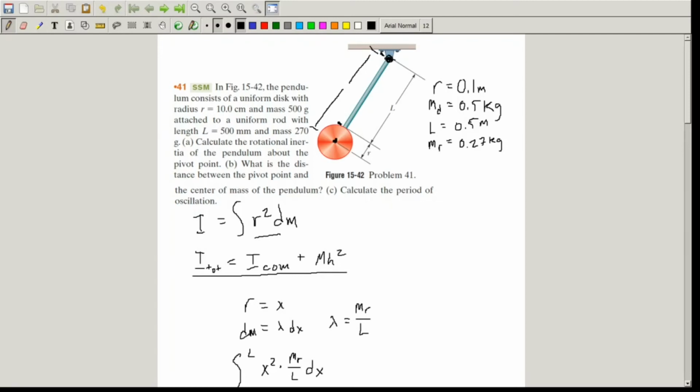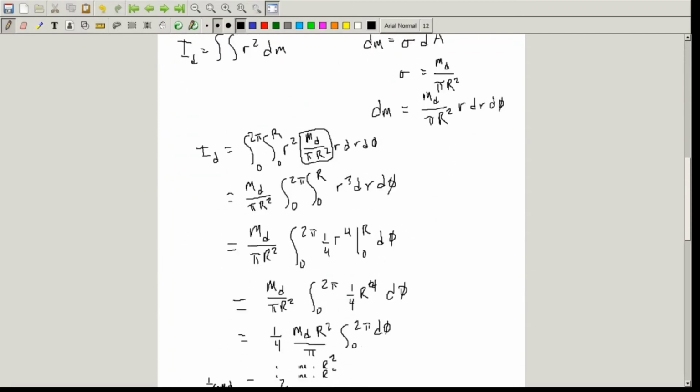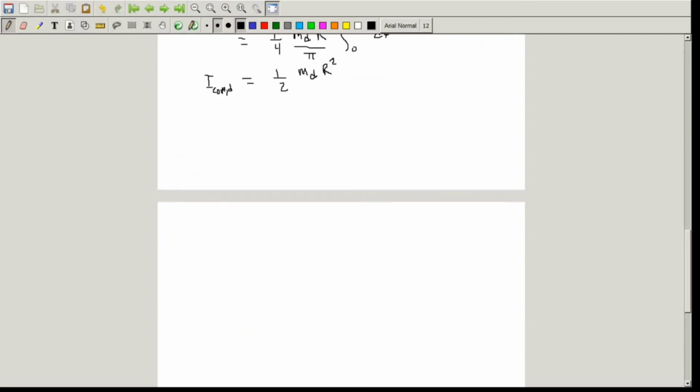In this case, it's going to be L plus R. So if we set that up, we're going to get I for the disk is equal to the I center of mass for the disk, the 1/2 m sub d big R squared, plus the mass of the disk times the length of the rod plus the radius of the disk, all squared.